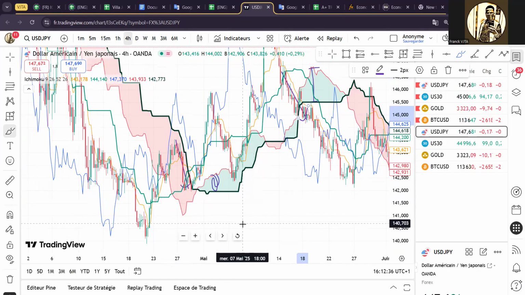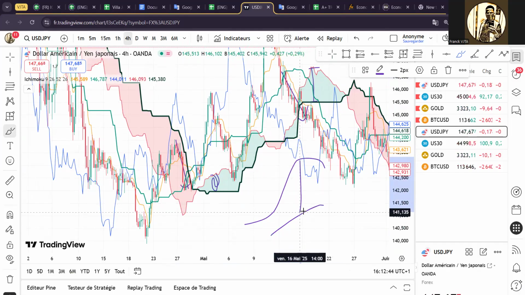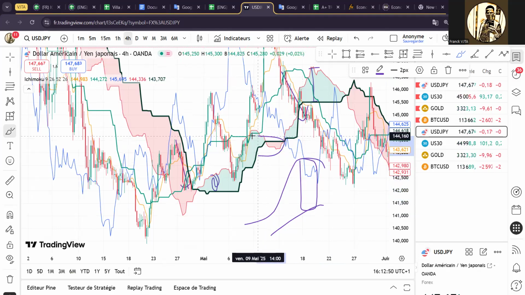Previously, you could have this idea where because the cloud is bigger, it means reversal. No, the cloud is just a speed of reversal or speed of correction. It is not the reason why the market reverses. The reason why the market reverses is A plus setup and zones. Those are the two reasons, A plus setup and zones.